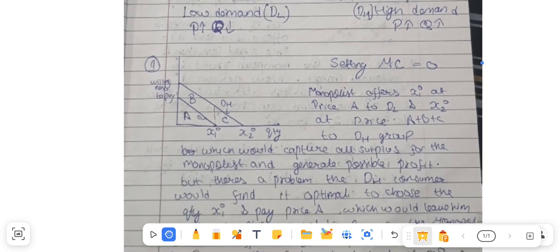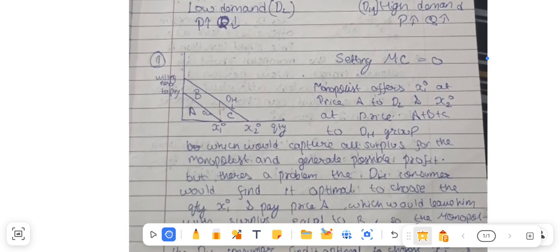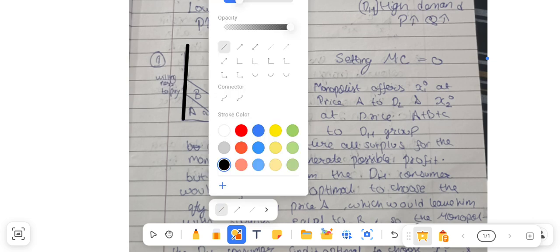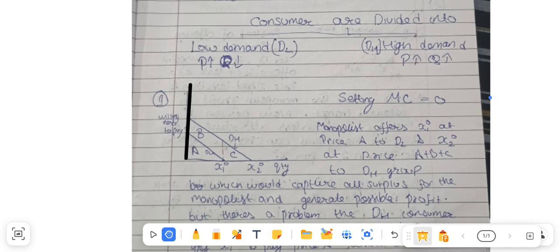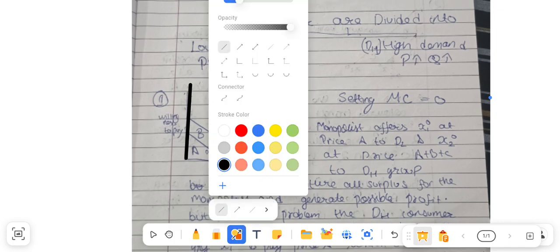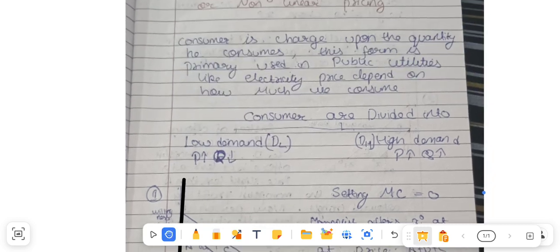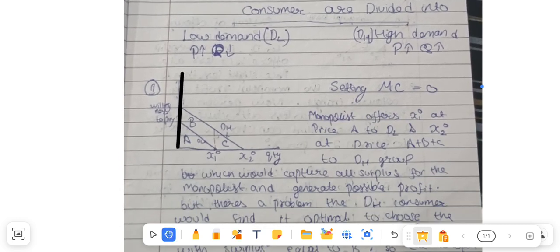Here we have a graph. So here I am drawing a graph. Sorry for the interruption. So yeah, here is the graph.